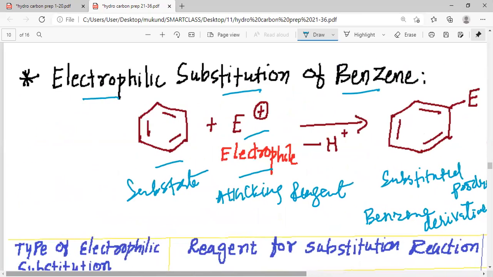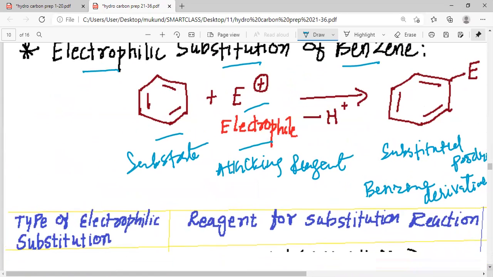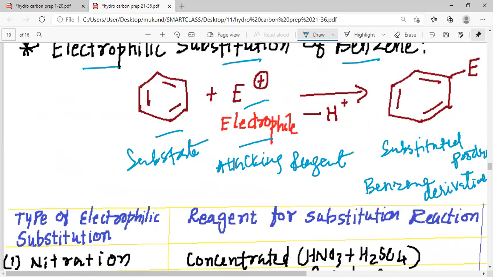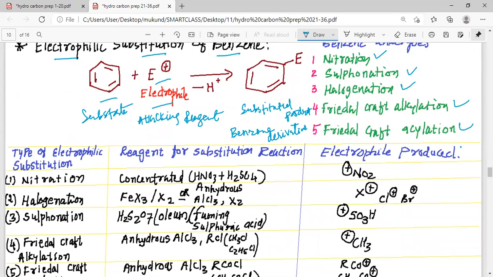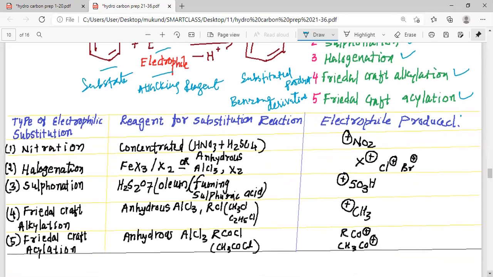So let us study now the various types of electrophilic substitution reactions, the various reagents used for them, and then what electrophiles are produced.